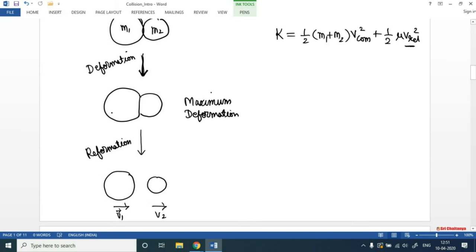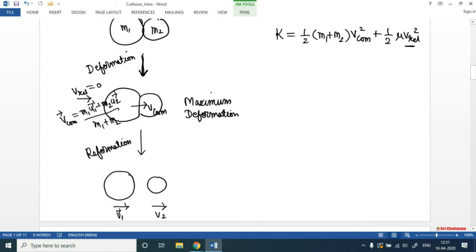So in this case, V relative between the colliding bodies is equal to zero. That means both the bodies, the combined body, will be moving with the same velocity, and this would be VCOM, and the value of VCOM we already know. That is (m1 u1 plus m2 u2) divided by (m1 plus m2).